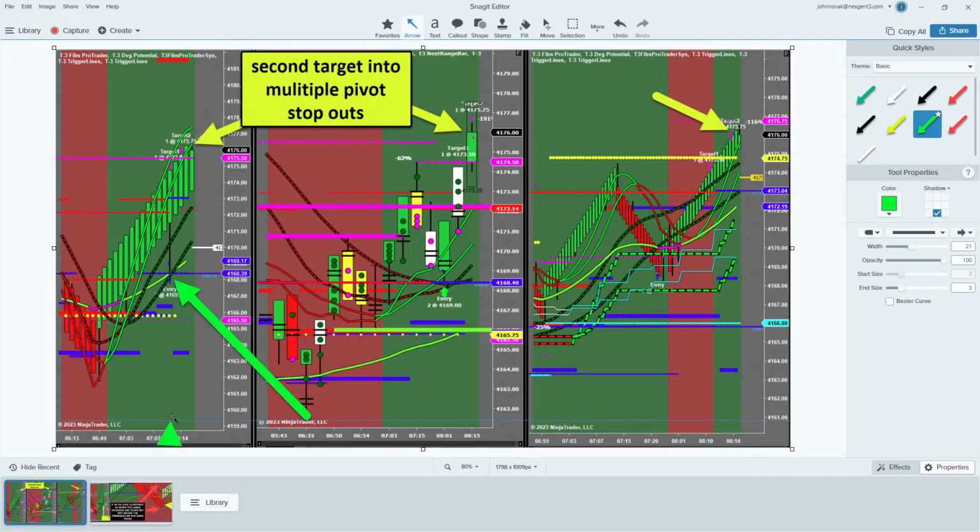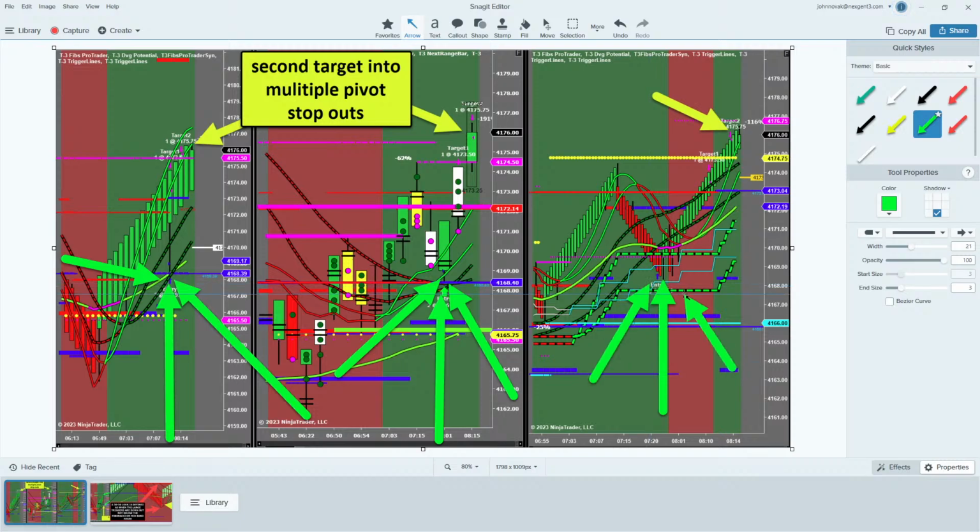But look, after this trade is over, doesn't that look easy? It's like, oh yeah, that's a trend trade long. Sure, I see it. It's easy. And you're like, damn, yeah, right. Strong triggers on the 13-2. I see it.